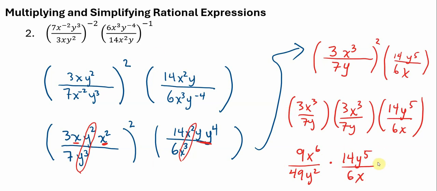Now we look at these powers. You have a y to the fifth up here and y squared. When you subtract, that's going to leave you y to the third. And then x to the 6 over x, so that's going to be x to the fifth. And then we can simplify this as well: 3 goes into both 9 and 6, so you're going to have a 3 on the top and a 2 on the bottom.